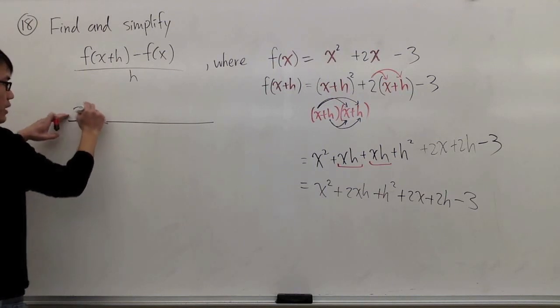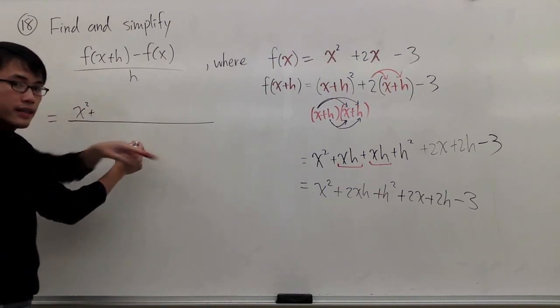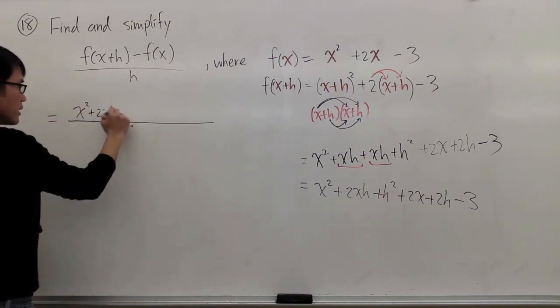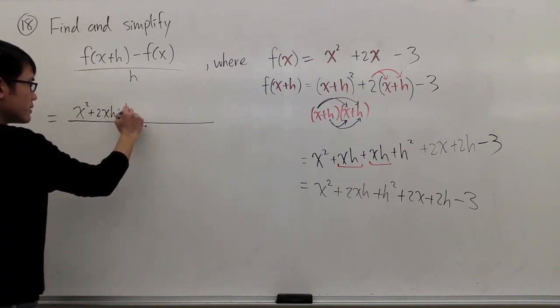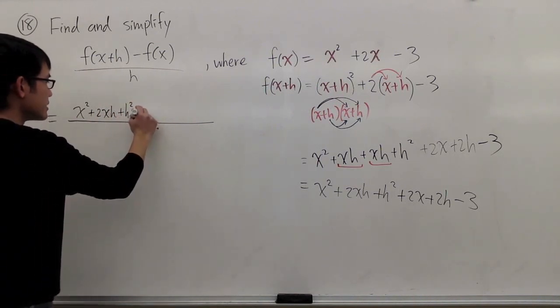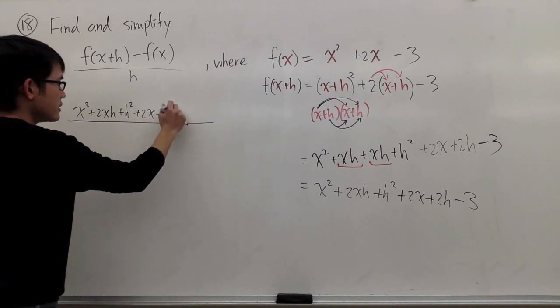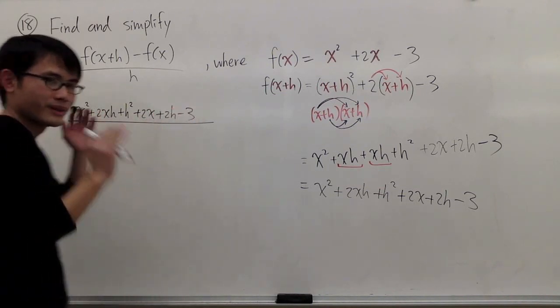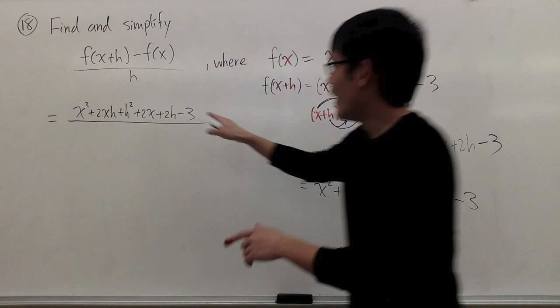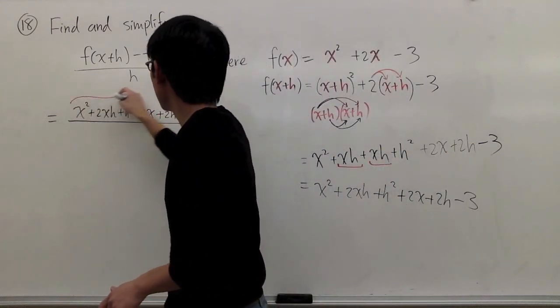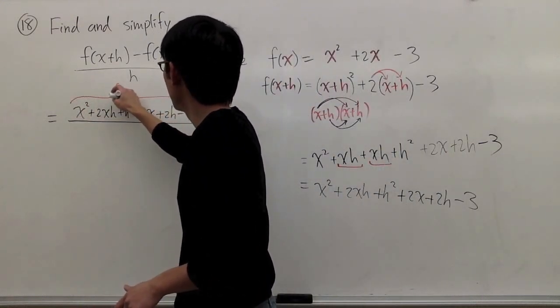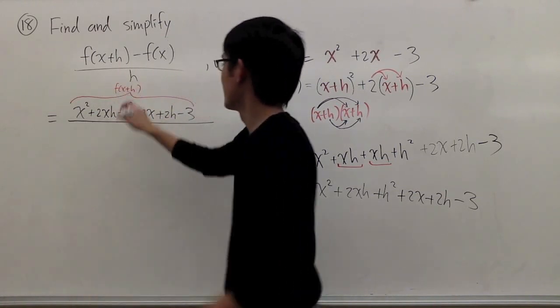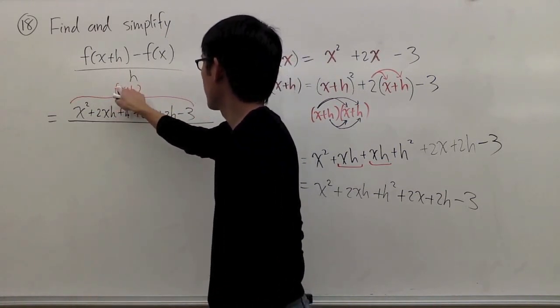I will have x squared plus 2xh plus h squared plus 2x plus 2h minus 3. All this right here came from f of x plus h.